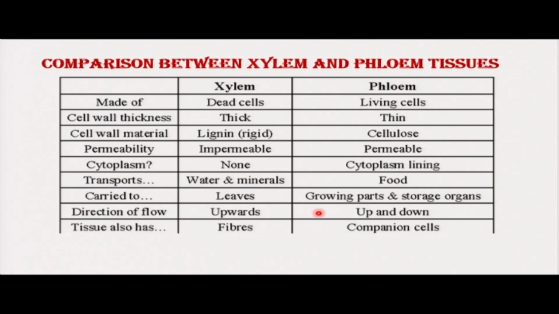Phloem tissues have two-way flow, either from leaves to other parts of the plant or from storage organs, including roots, to upper parts of the plant. Xylem tissues have fibers, while phloem tissues have companion cells. We have said companion cells are responsible for providing energy, proteins, and other nutrients to sieve tubes.